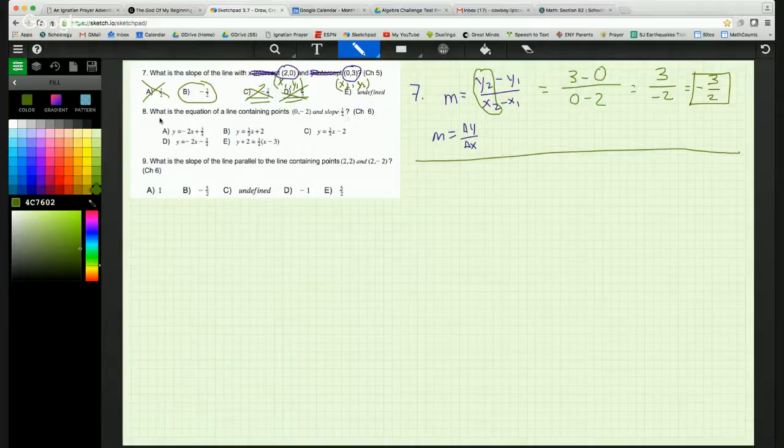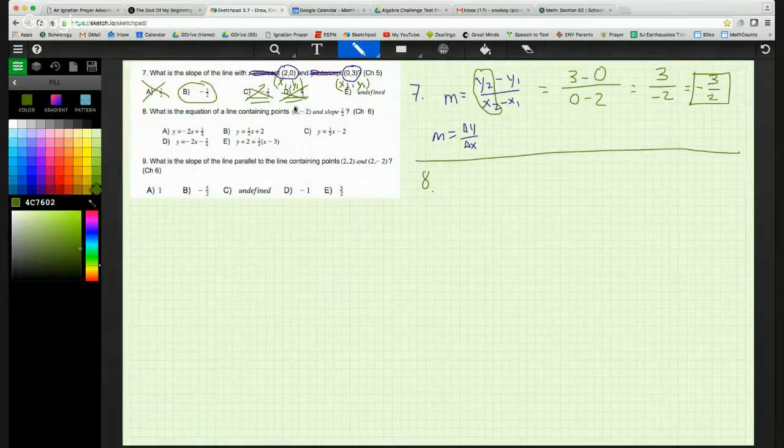Number 7 is done. Number 8, so we want the equation of a line containing the point (0, -2) and slope 3/4. Why don't you give that one a go? Pause and try. Okay, I'm going to assume that you've come back. Well, this is kind of neat.